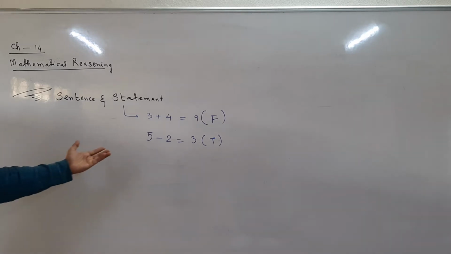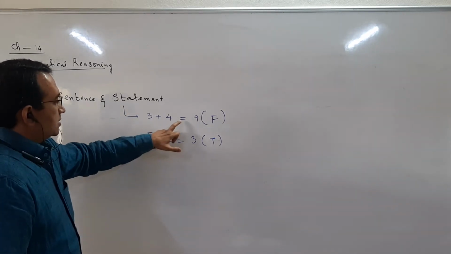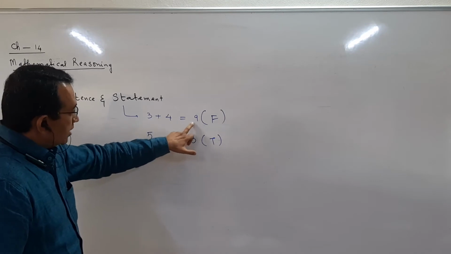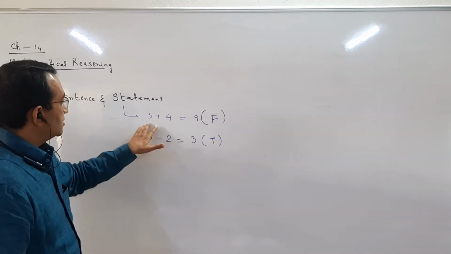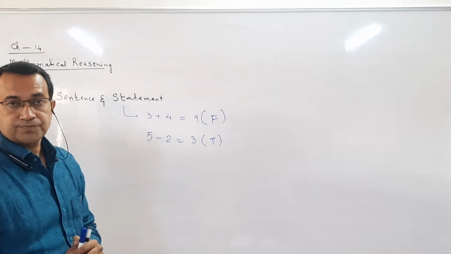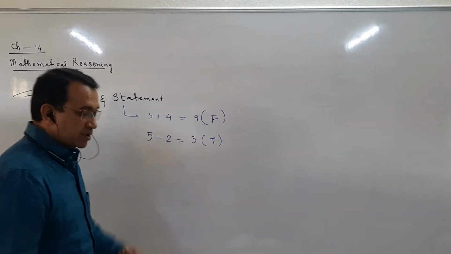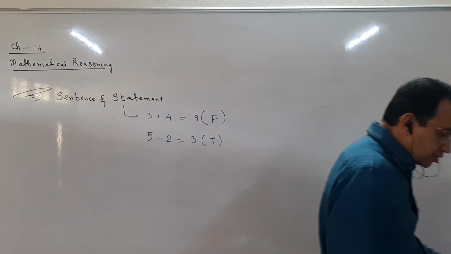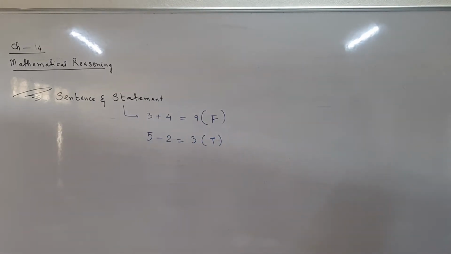Say 3 plus 4 is equal to 9 is the given statement, but we know that 3 plus 4 is not equal to 9, so this is definitely false. 5 minus 2 is equal to 3, definitely this is true. So, a sentence becomes a statement if I can definitely say that either it is true or false, but not both at a time.